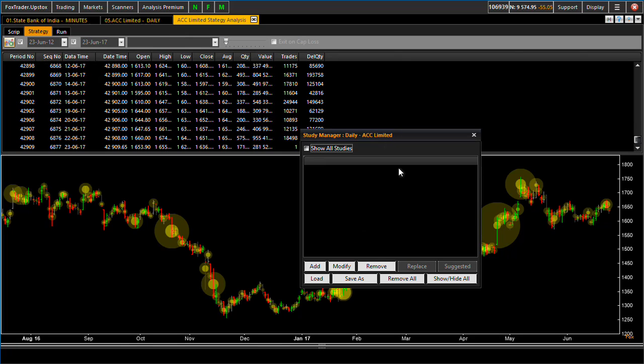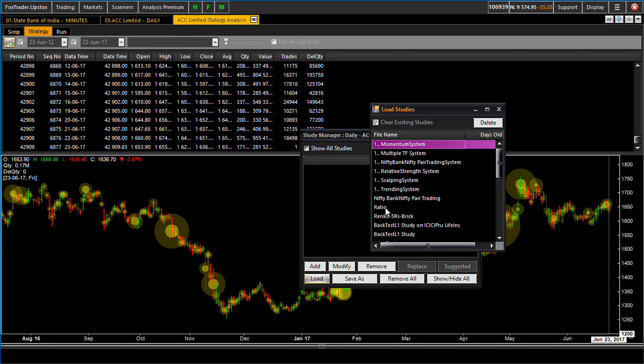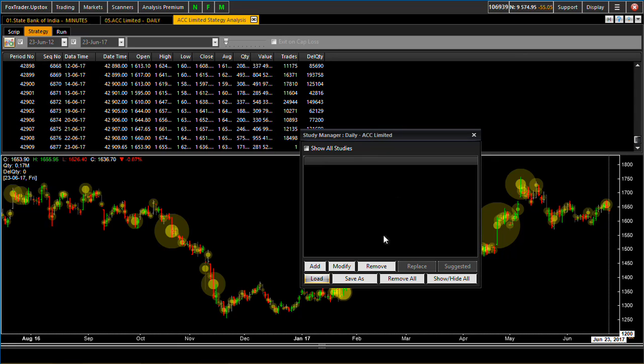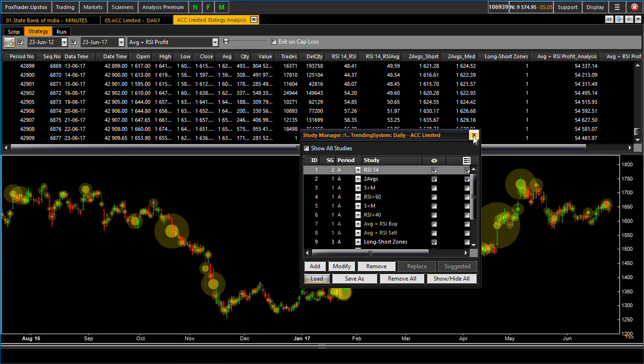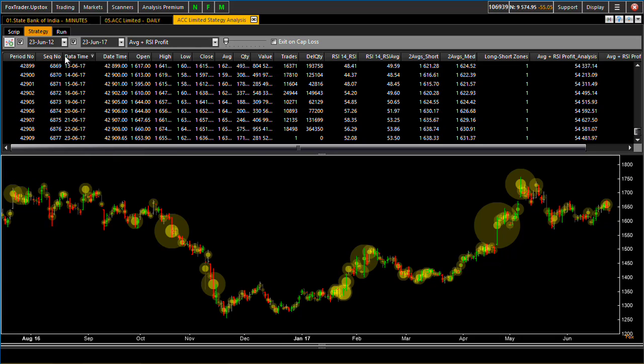Then go to strategy, load the trending system strategy that we made. Once it is loaded, you can select the time frame, from what period to what period you want to run this strategy upon.